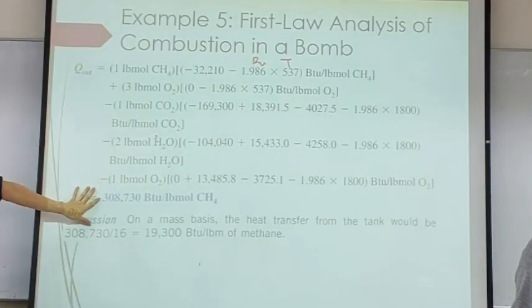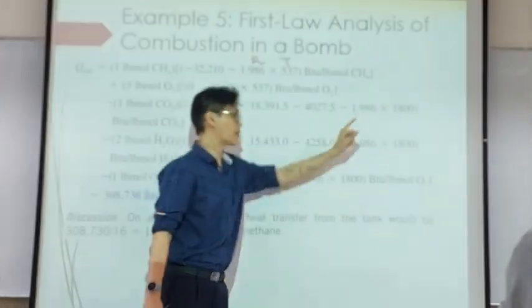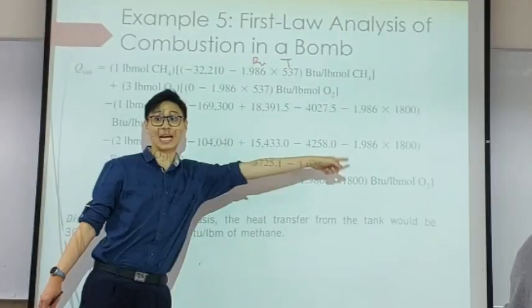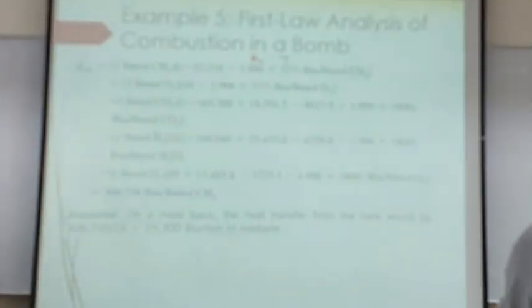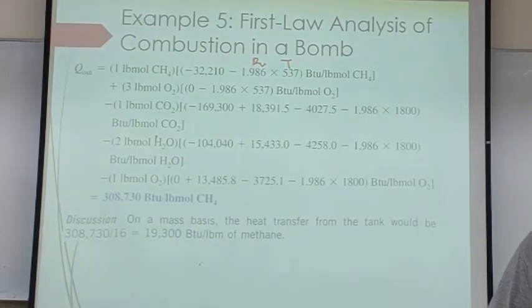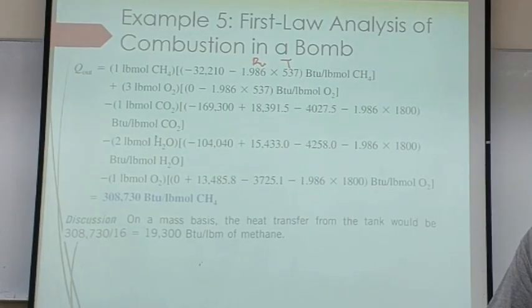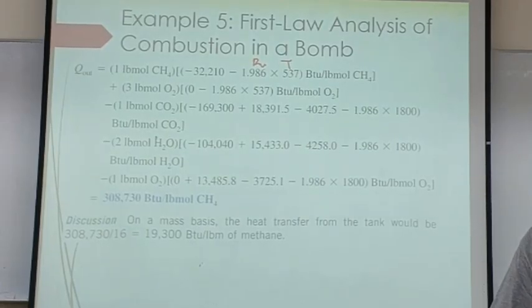After that, for the product, same thing, CO2, then you do at each of them, with the RuT for each of them. So once again, it looks complicated already, but it is actually not too hard, because all you need to do is plug the value from the table, but you need to understand the equation.